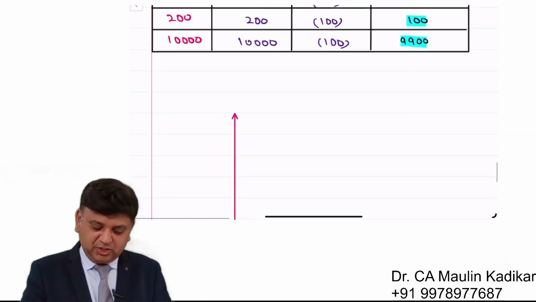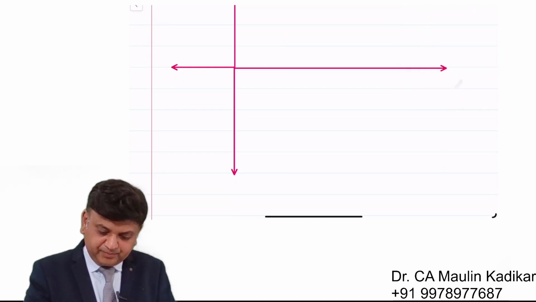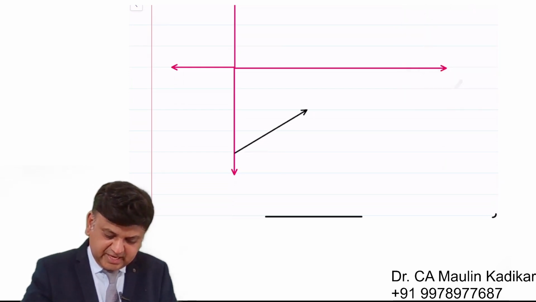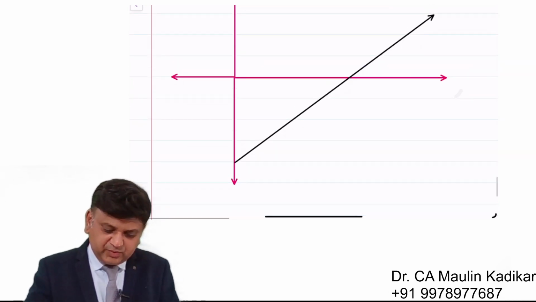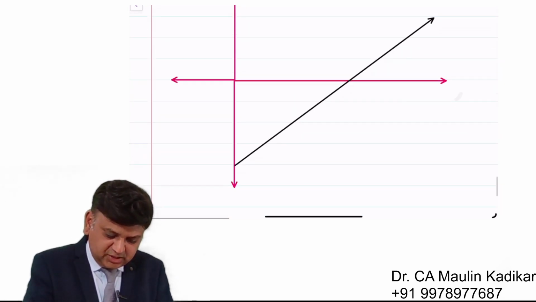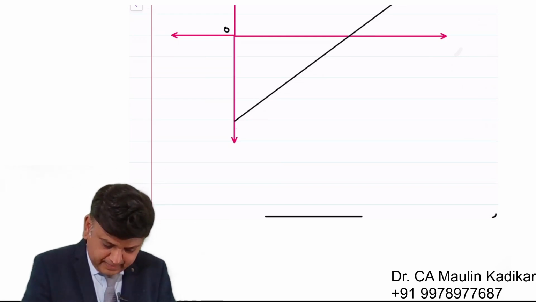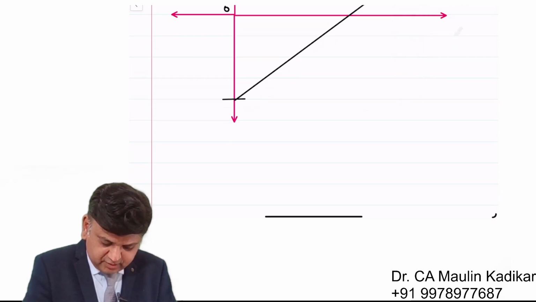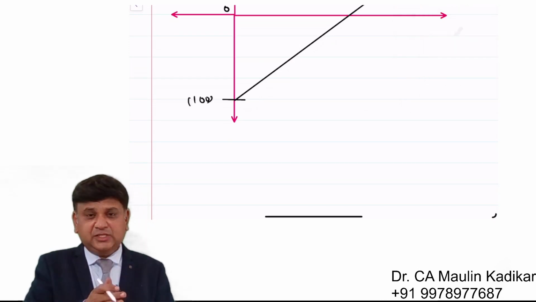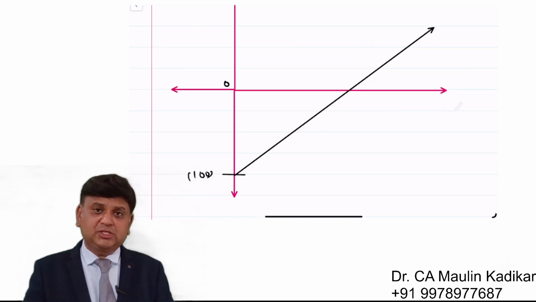Over here, basically we have a diagram like this, and the diagram starts from here. When the spot price of the equity share is 0, you are incurring a loss of 100 rupees. Whenever the price of the security increases, your loss initially reduces.